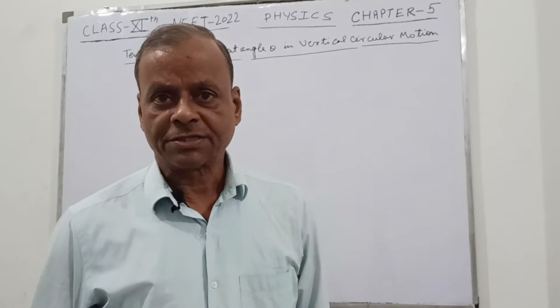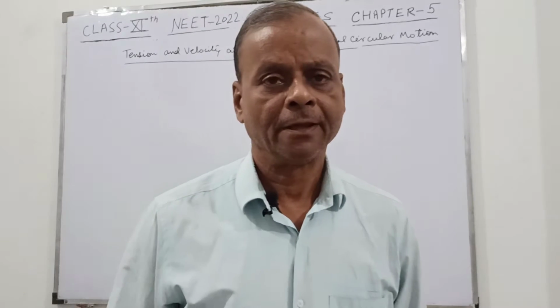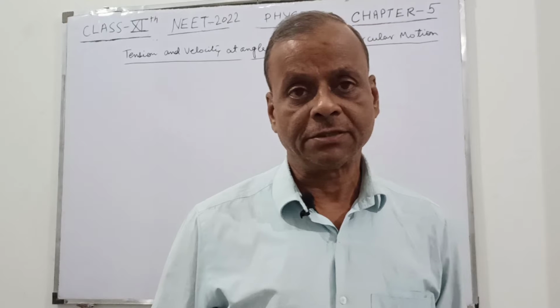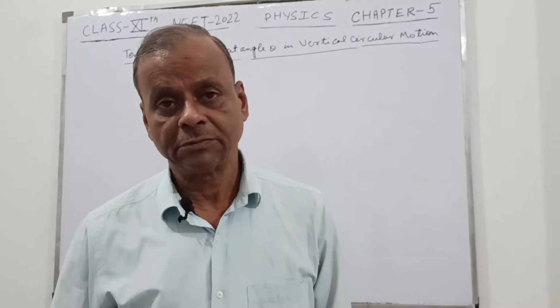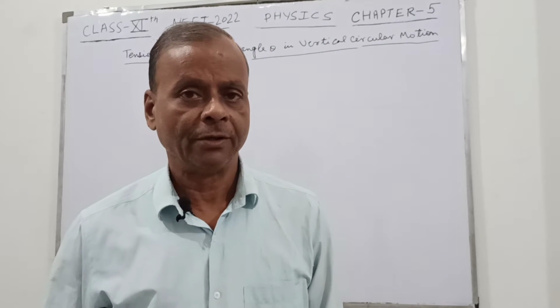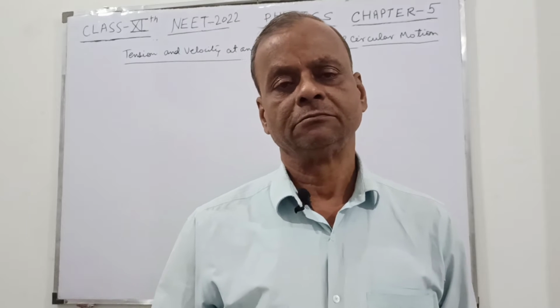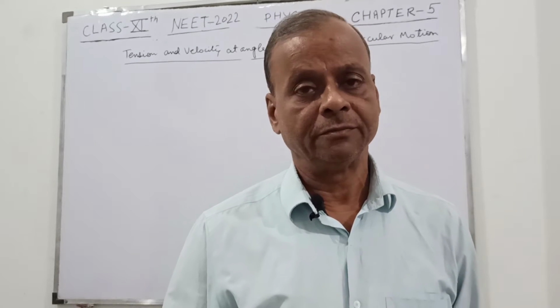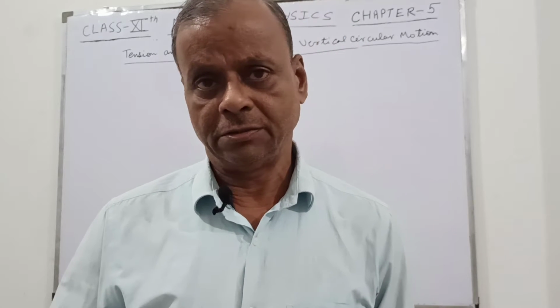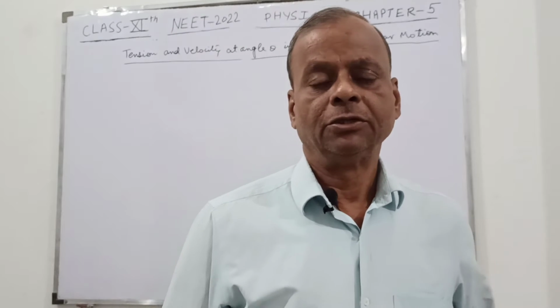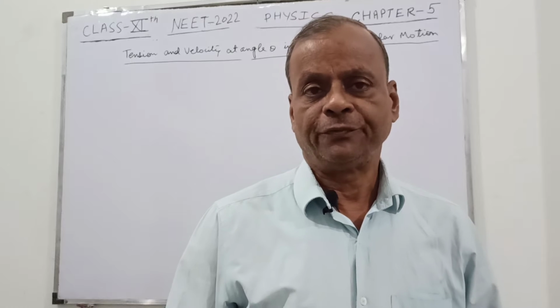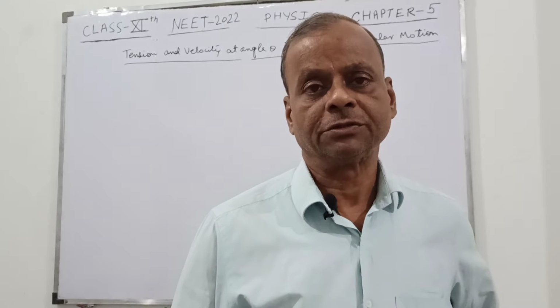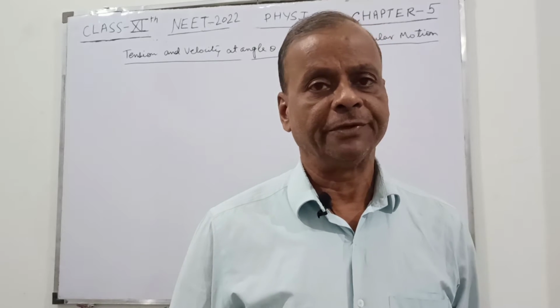Now today in class 11th, I will tell you the tension in the string and velocity of the particle when moving in a vertical plane. Before this I have told you about the circular motion in the vertical plane.